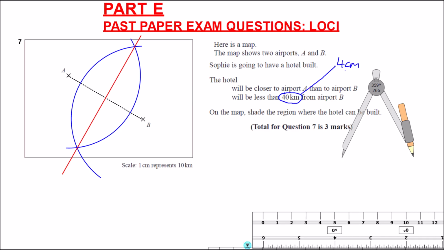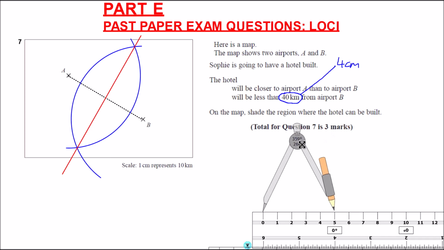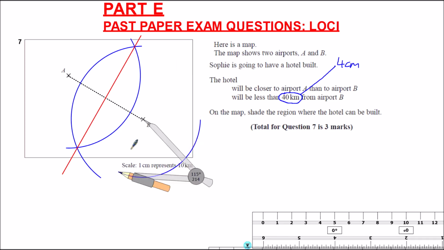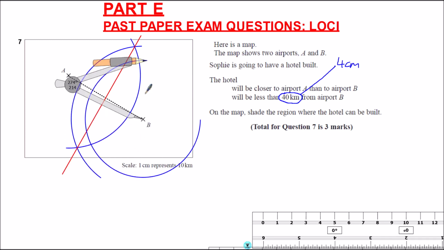And so in our case, on the diagram, the hotel needs to be within 4 centimetres of airport B. So if we move it in like this, we're going to do a circle centred at B, which is 4 centimetres in radius. So a big circle all the way around like this.